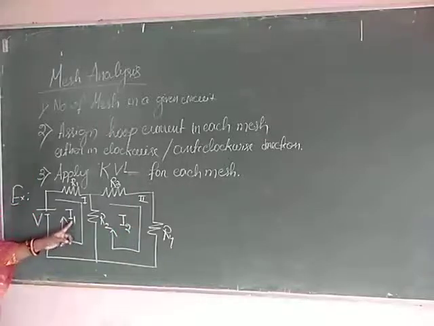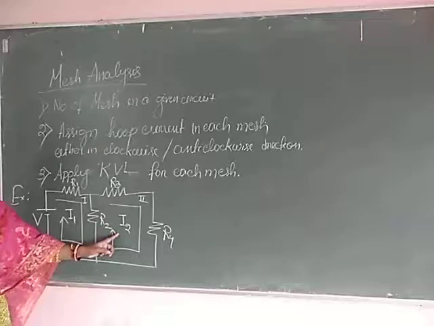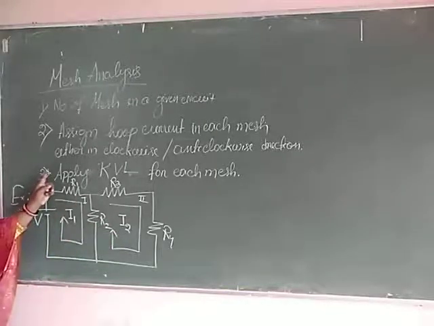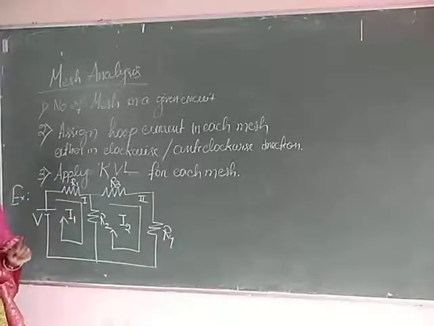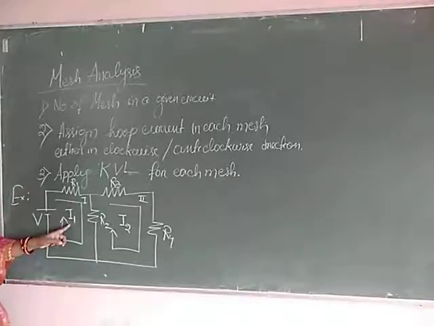I1 is the current flowing through loop 1, I2 is the current flowing through loop 2. Next, third point, apply KVL for each mesh and find the KVL equation. So first I apply KVL for loop 1 and find the mesh equation.